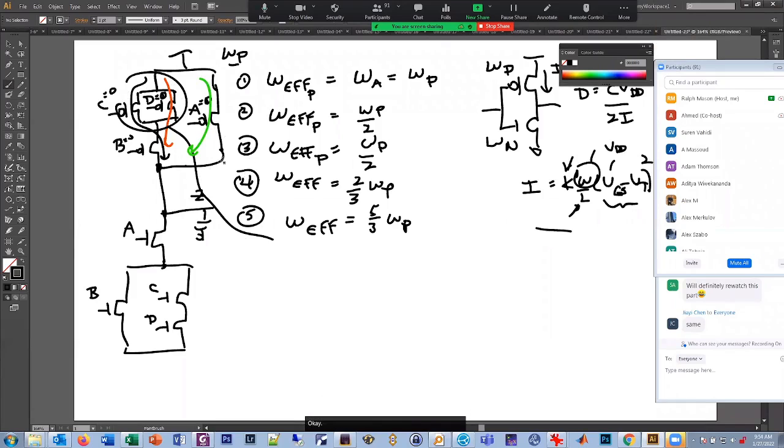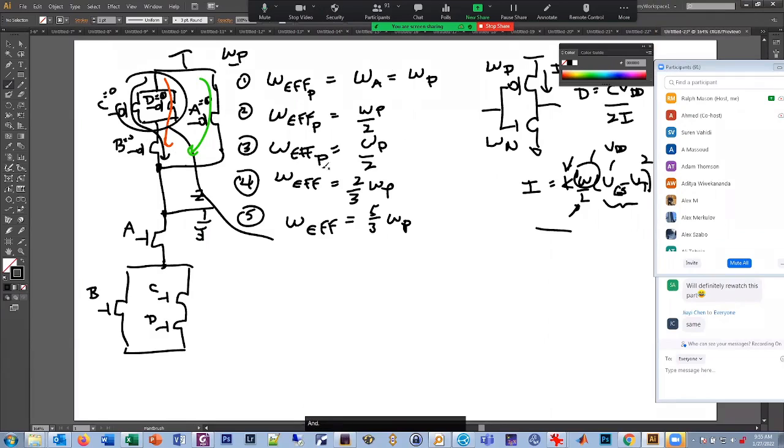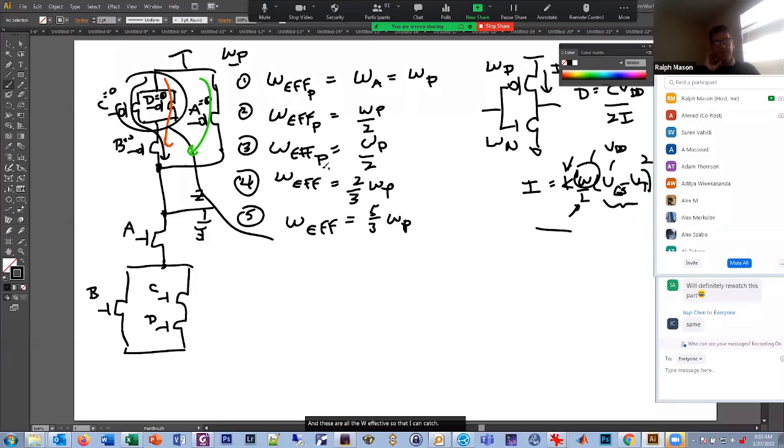Okay, I see. There's actually 1, 2, 3, 4, there's 16 possibilities, right? And there's only 5 different current flows. And these are all the W effectives that I can calculate for that.